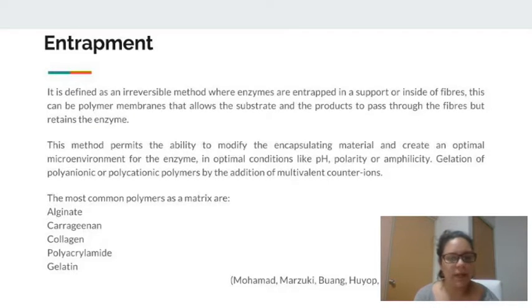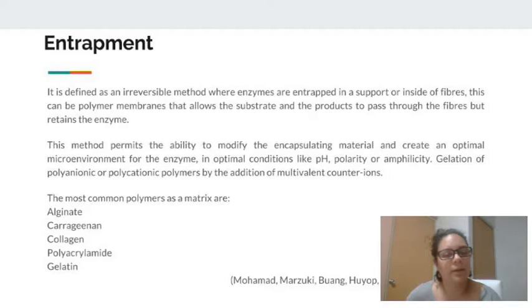We can do gelation of polyanionic or polycationic polymers by the addition of multivalent counterions. The most common polymers that we use as a matrix are alginate, carrageenan, collagen, polyacrylamide, and gelatin. This is mentioned by Mohammad Marzuki, Bouin, Huyop, and Abdul in 2015.